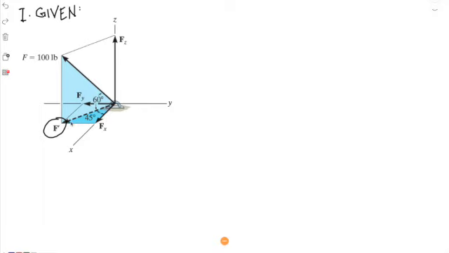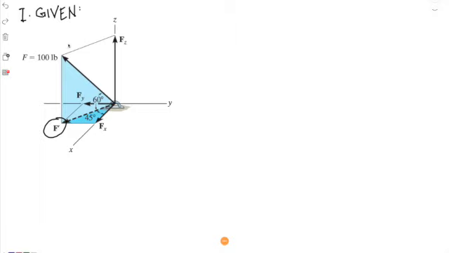F prime is the resultant of F sub x and F sub y, which has a 45 degrees triangle here. So that's our first step, to name the resultant. You can name it whatever you like, as long as we don't confuse it with other variables. Of course, we have Fx, Fy, and Fz. So if you want to call it your name or whatever, it doesn't matter, as long as it's easier to write.